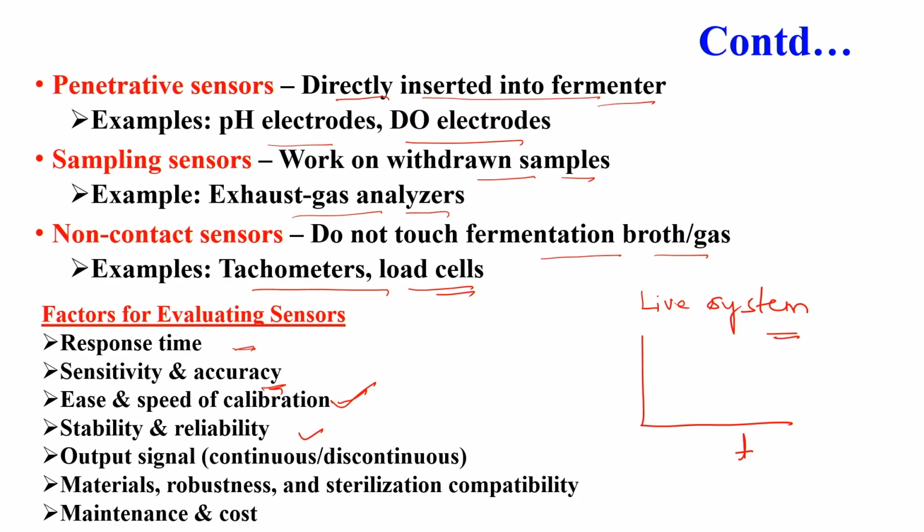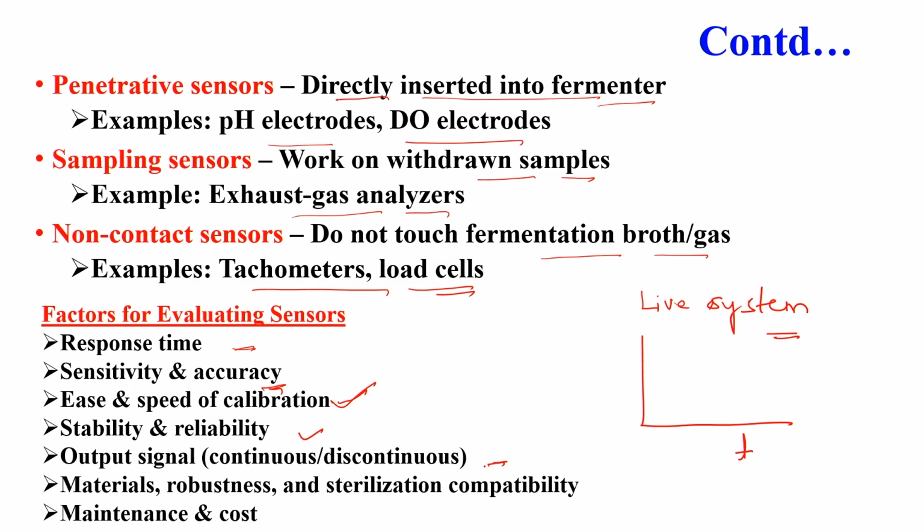At the same time, because it comes directly into contact with the bioreactor, there are chances of fouling, and chances of interacting with other biomacromolecules, let us say proteins. In that case, those interactions should not affect its performance. Then output signal, whether it is continuous or intermittent.